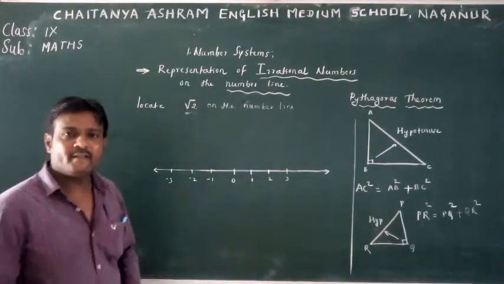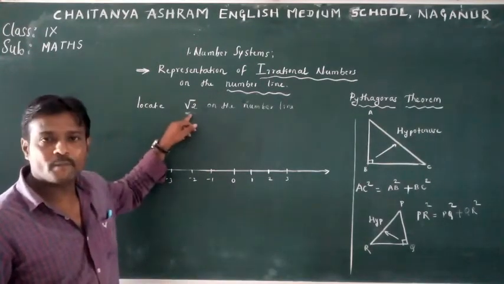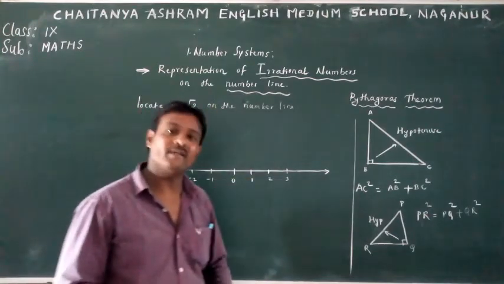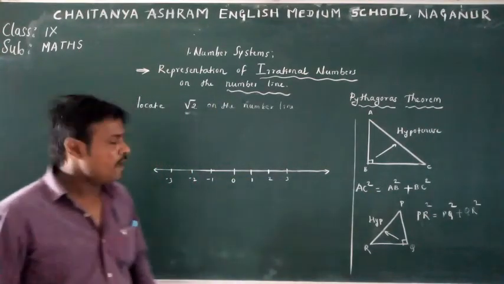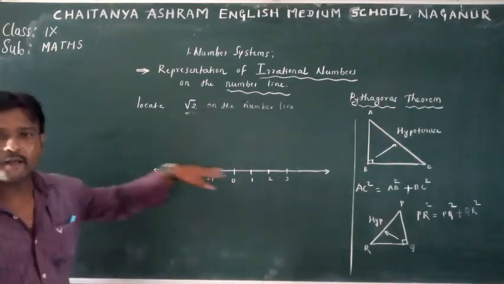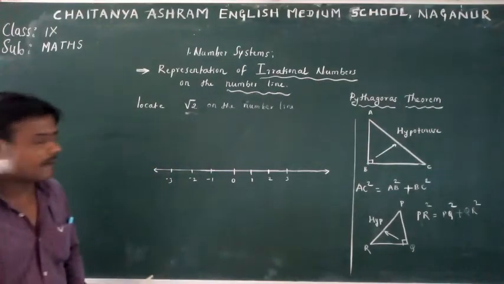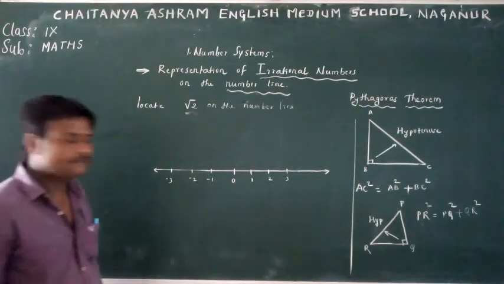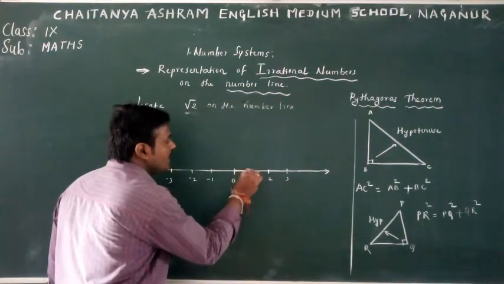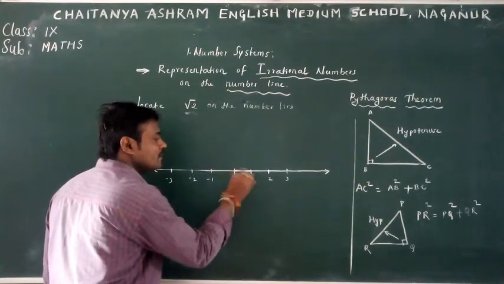The Greeks discovered the representation of root 2 on the number line at first. How did they locate root 2 on the number line? We follow their method only. According to them, first take OA as 1 unit. Say this is 1 unit or 1 centimeter.